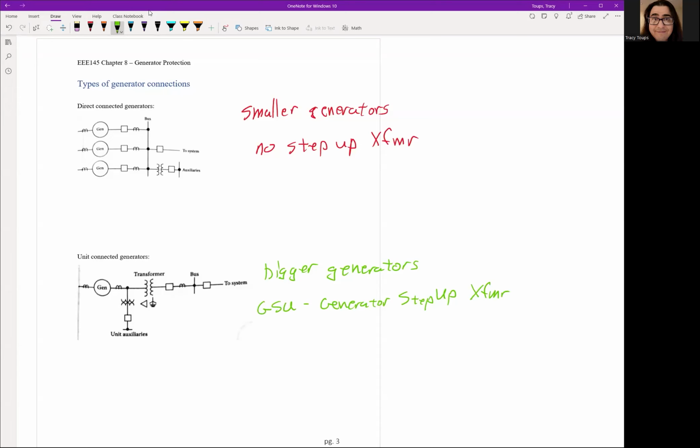That steps up the voltage from the lower voltage of the generator to the higher voltage of the power system. Again, the majority of the generators in the USA are unit connected, because in the United States we have a big grid. We go for economies of scale, where we typically try to build the biggest generators possible because they're more efficient. So we have these big giant transformers unit connected to the grid.